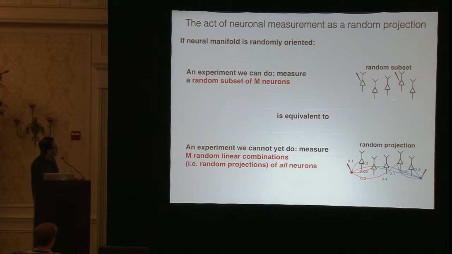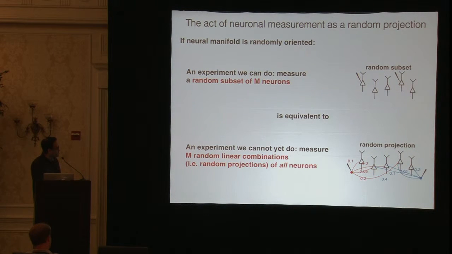Basically, the act of recording from a random subset of neurons becomes equivalent to this. So if you record from M neurons, the results that you get would be equivalent to what you would get if you recorded from M random linear combinations of all neurons in the circuit. That's an experiment we cannot yet hope to do, but under this assumption of a random orientation of the neural manifold, the results from these 2 experiments would be the same.